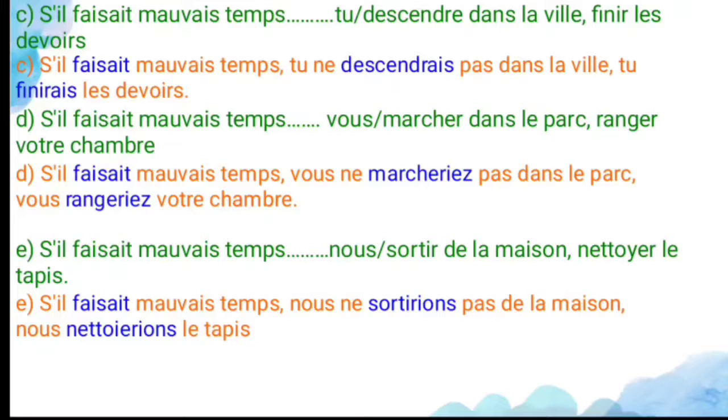So, nous nettoierions le tapis. Here the verb is nettoyer, and sortir is a regular verb. So infinitive plus endings, add the endings for the subject nous. And nettoyer, it ends with what? -yer. If the verb ends with -yer, you have to change it to -ier and add the endings for nous. So this is all about the first exercise.